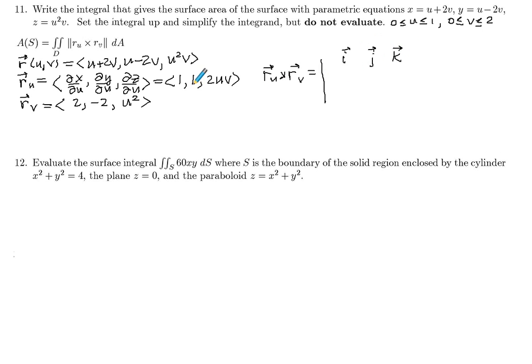R sub u goes in the second row, so 1, 1, 2uv. Now I need to move this down and give myself a little more room here. And then in the third row we've got r sub v, which is 0, 2, negative 2, u squared.